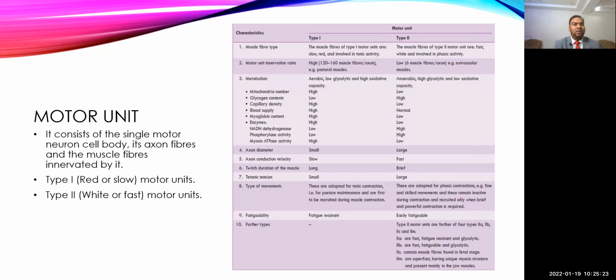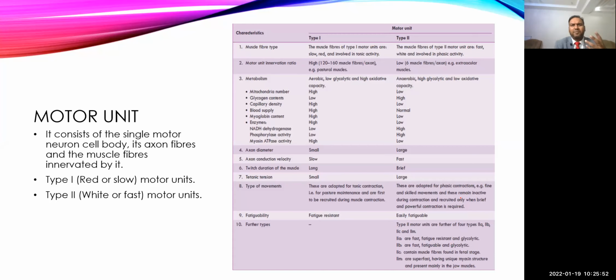These are called slow, red motor units, and they usually utilize more of the aerobic metabolism as compared to white motor units. White motor units have a low concentration of myoglobin, which is why they show a pale color, and they are very fast, and they usually utilize more of the anaerobic type of metabolism as compared to red motor units.